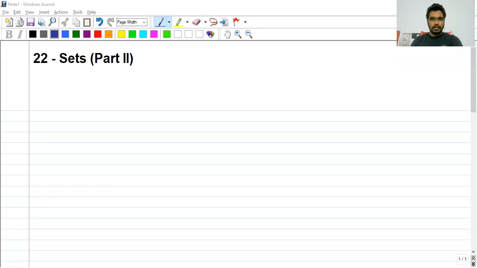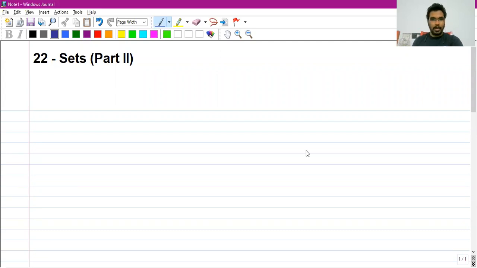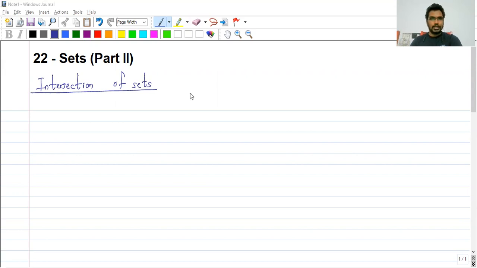As the first topic, we can write intersection of sets. What do we mean by the intersection of sets? I will explain it to you. If we consider two or more sets, these sets can have the same elements, or common elements.